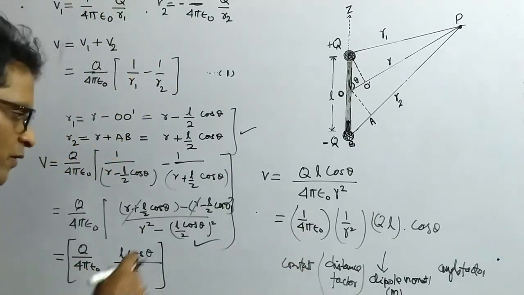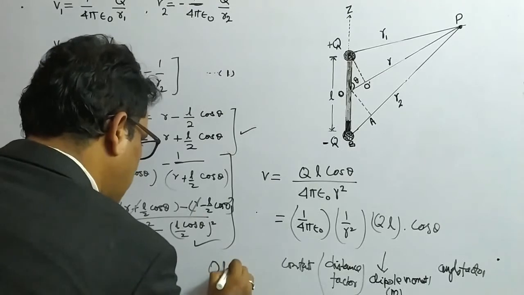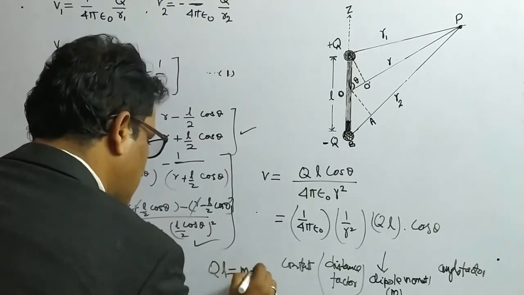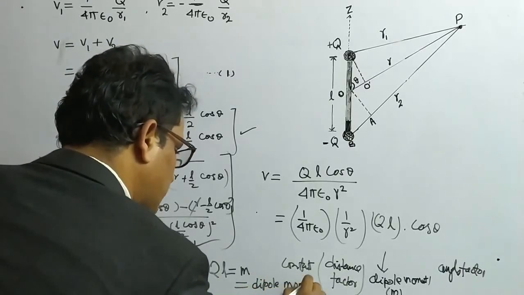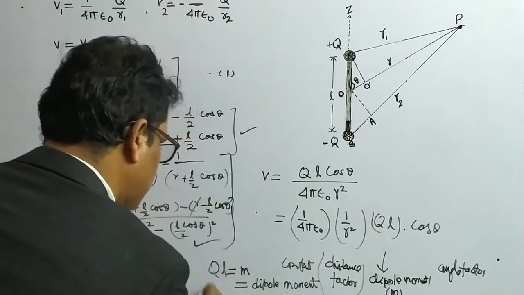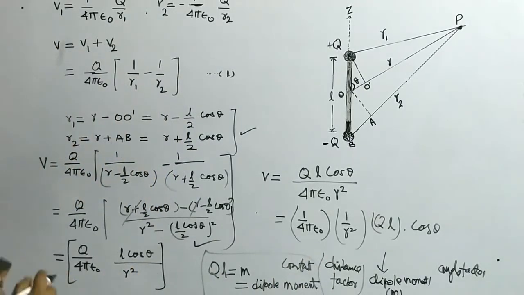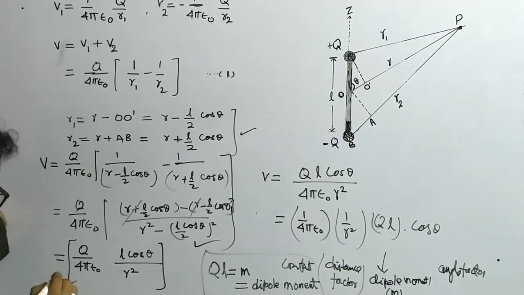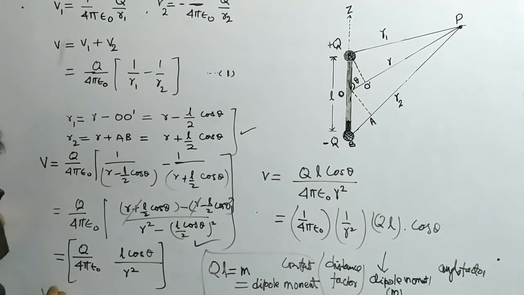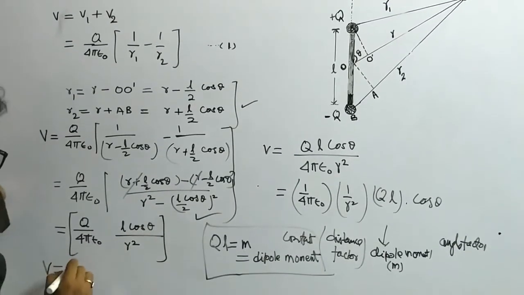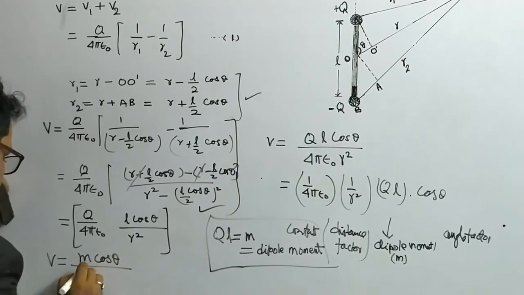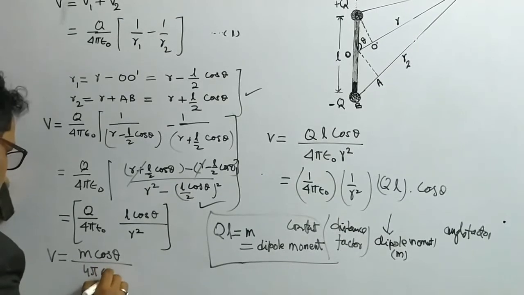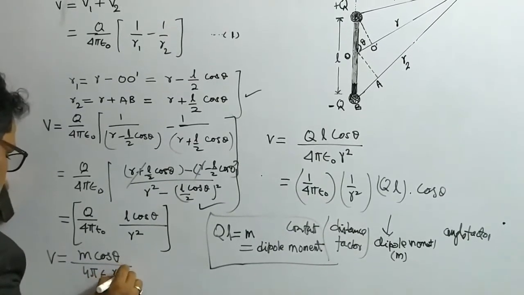So finally, if I write QL as M, known as dipole moment, then this expression can be written as V is equal to M cos theta upon 4 pi epsilon naught R square.